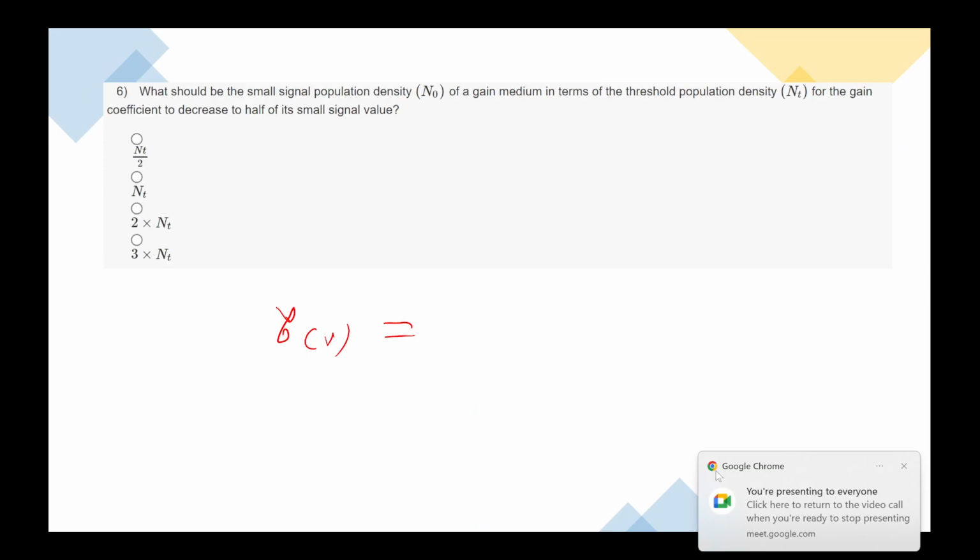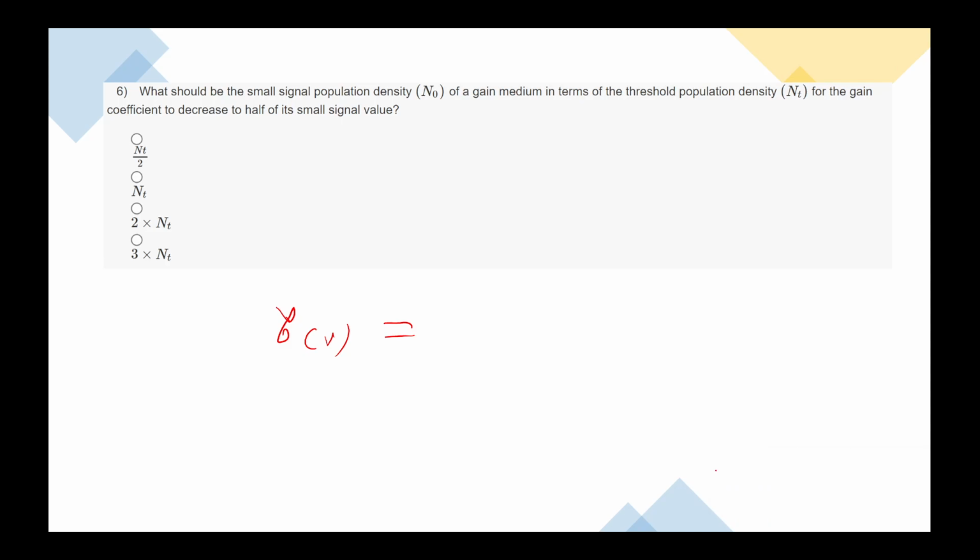Okay. So then the gain coefficient will be gamma nu is equal to gamma naught nu upon 1 plus phi upon phi s.